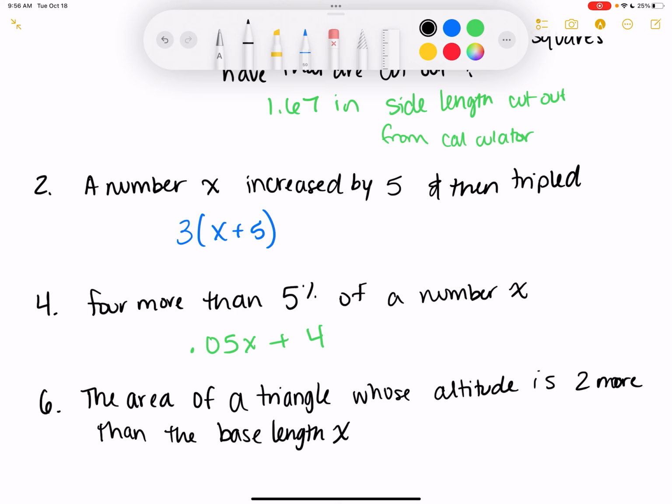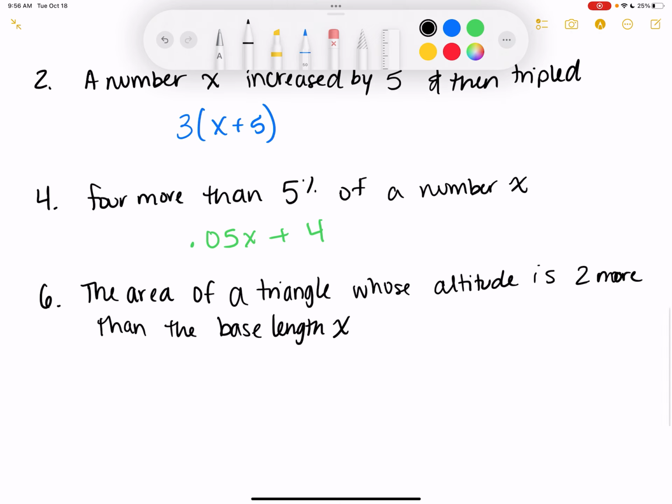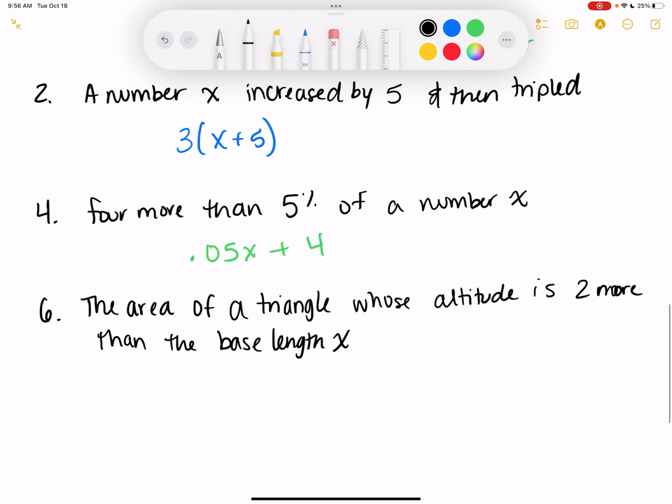Now, altitude is just the height, from the center of the bottom to the top vertex of the triangle. We're throwing it back to geometry, but not that much.